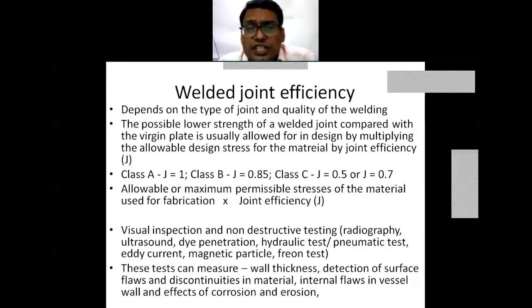Then welded joint efficiency is also one of the aspects, and that depends on the type of joint and the quality of welding. You require specialty welders for welding our chemical equipment. There are class A, class B, and class C vessels in accordance with the vessel welded joint efficiency.